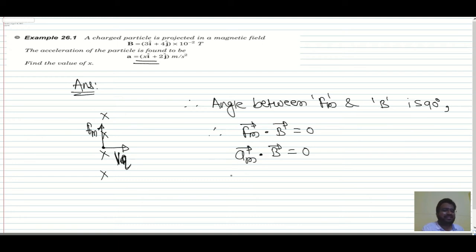And this acceleration will always be the centripetal acceleration only, because the magnetic force can't provide the tangential acceleration, isn't it? So it will only provide the radial acceleration. So for the radial acceleration, we have (x i hat plus 2 j hat) dot (3 i hat plus 4 j hat) times 10 to the power minus 2, which is equal to 0.